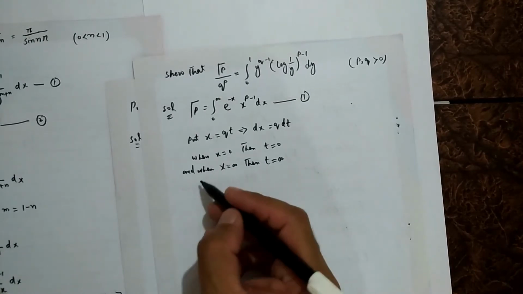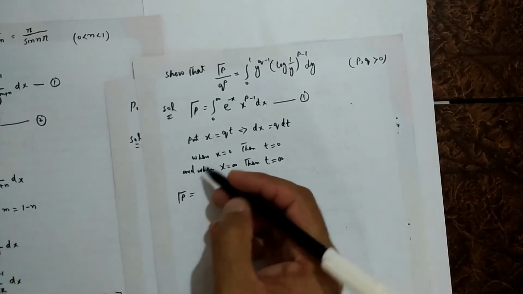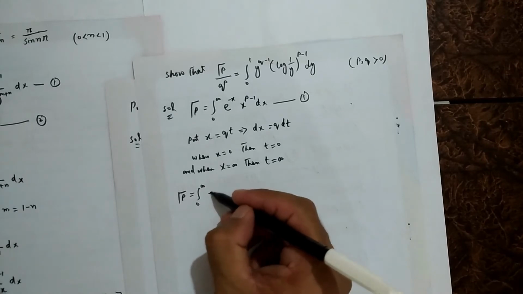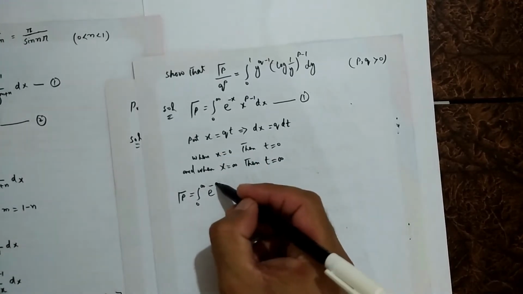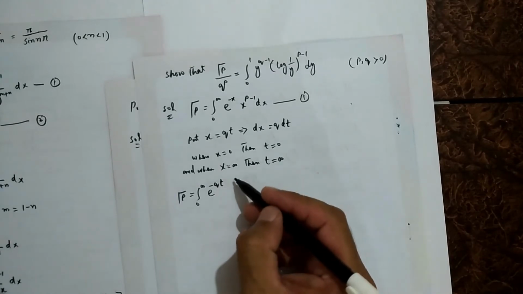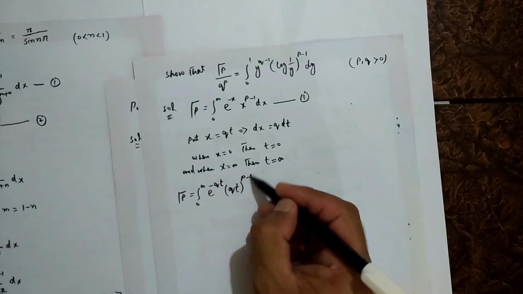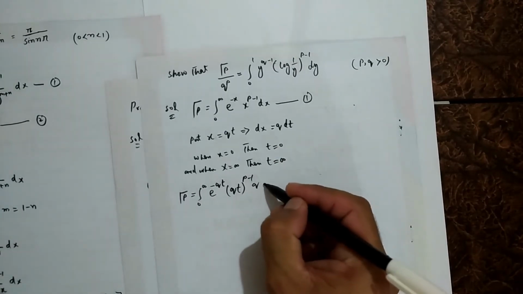Therefore gamma p will be equal to integral from 0 to infinity e to the power minus qt, (qt) to the power p minus 1 into dx, where dx is q dt.